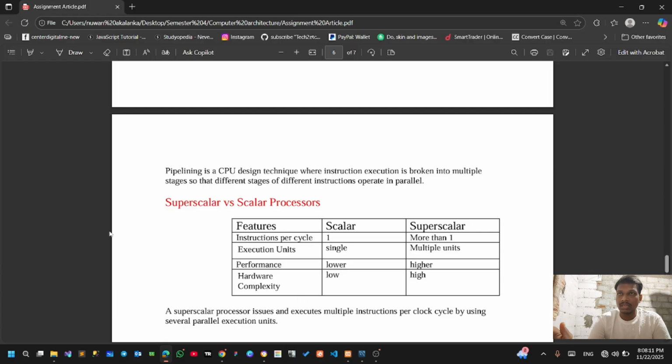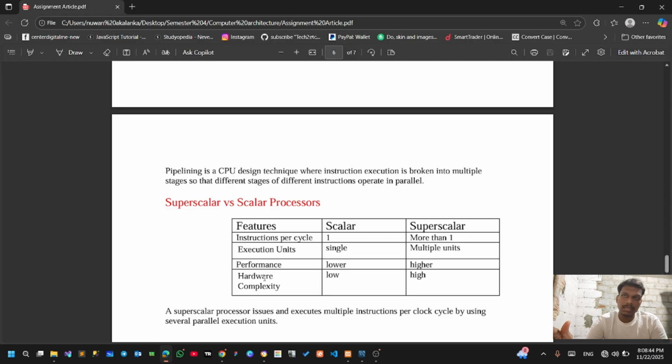So next we have two main types, Scalar and Superscalar processors. In the Scalar processor, instructions per cycle is 1, but in Superscalar it is more than 1. According to execution units, Scalar has a single unit, but Superscalar has multiple units.